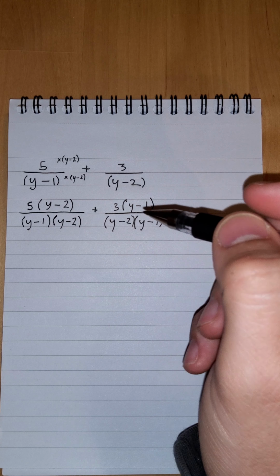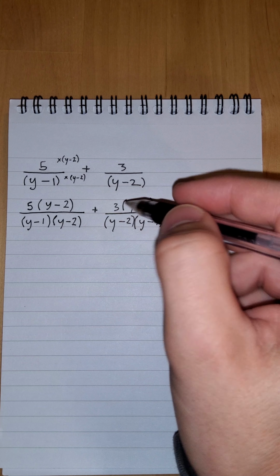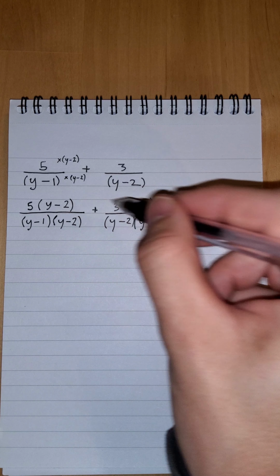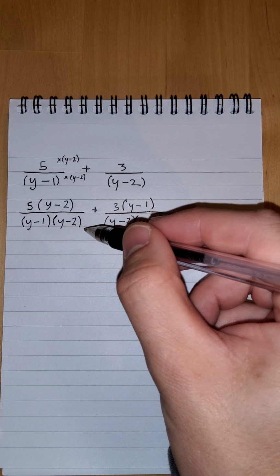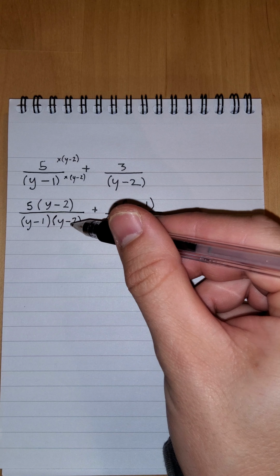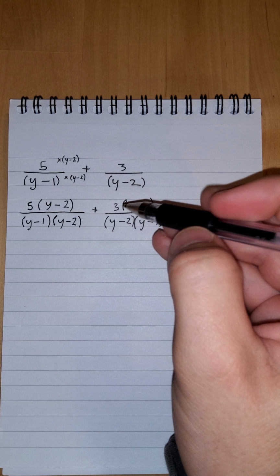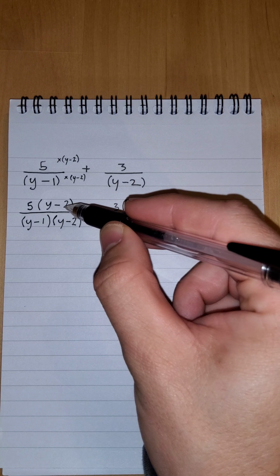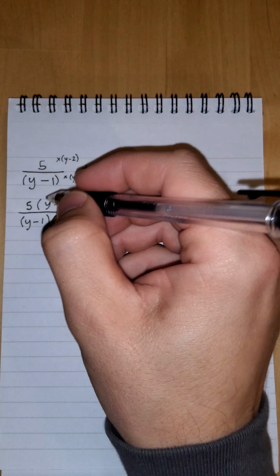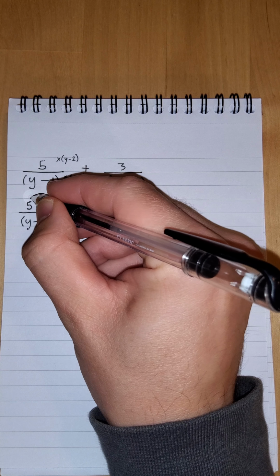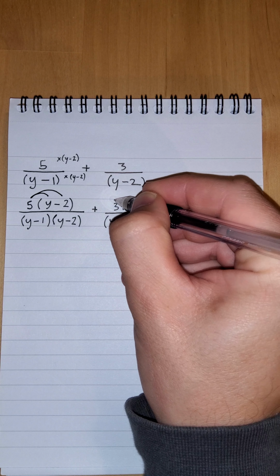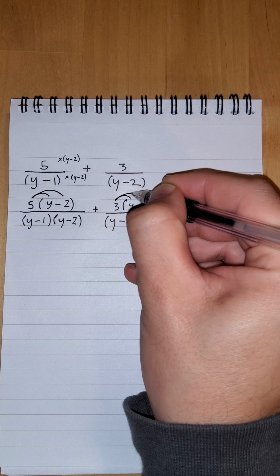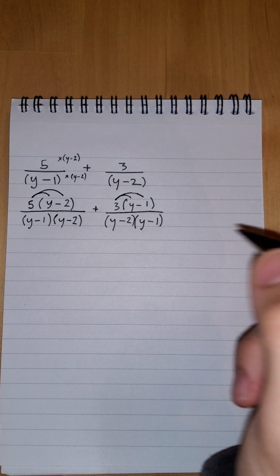Okay, so next job is, now we've got a common denominator, we want to add the numerators together over this denominator. And technically, we could do this all in one. I generally tend to expand at the same time, because if you're A-level, you could do a few steps in your head.